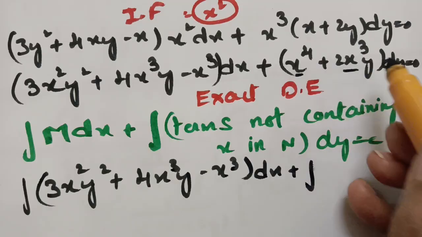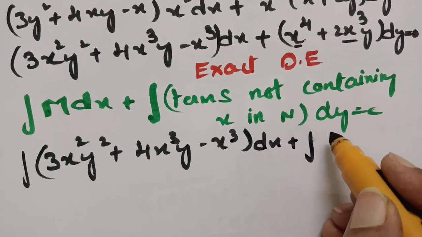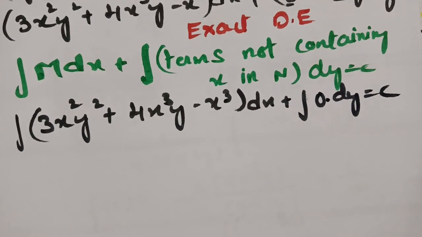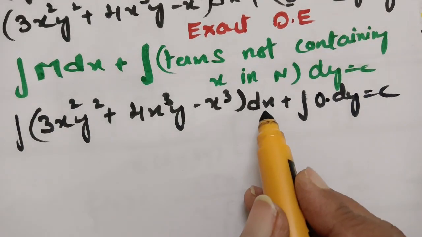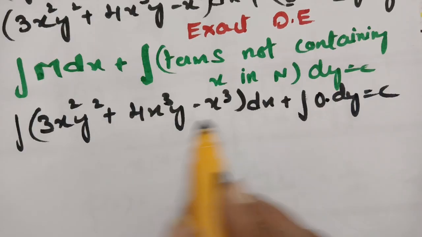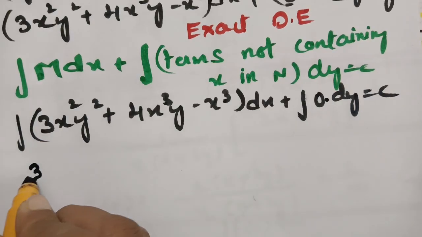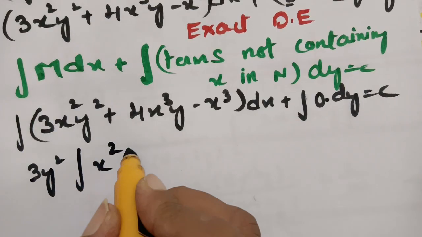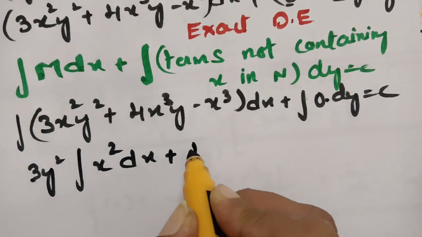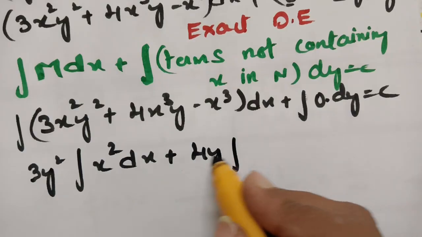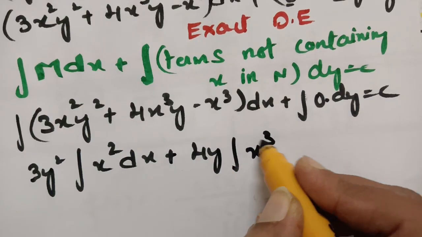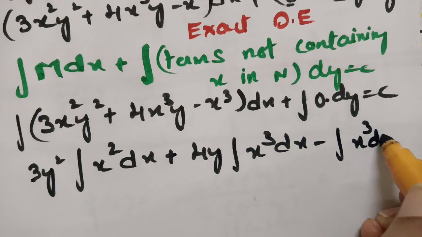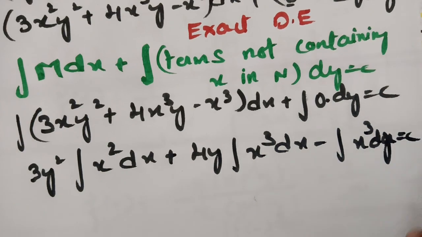There is an x term here and there is an x term here. There are no terms which are not containing x. 0 into dy is equal to c. So here I should make an integration with respect to x. Wherever I find constants, I am considering y square as a constant, and this value is x square dx, and 4y I am considering as a constant, and this is x cube dx, minus integral of x cube dx is equal to c.